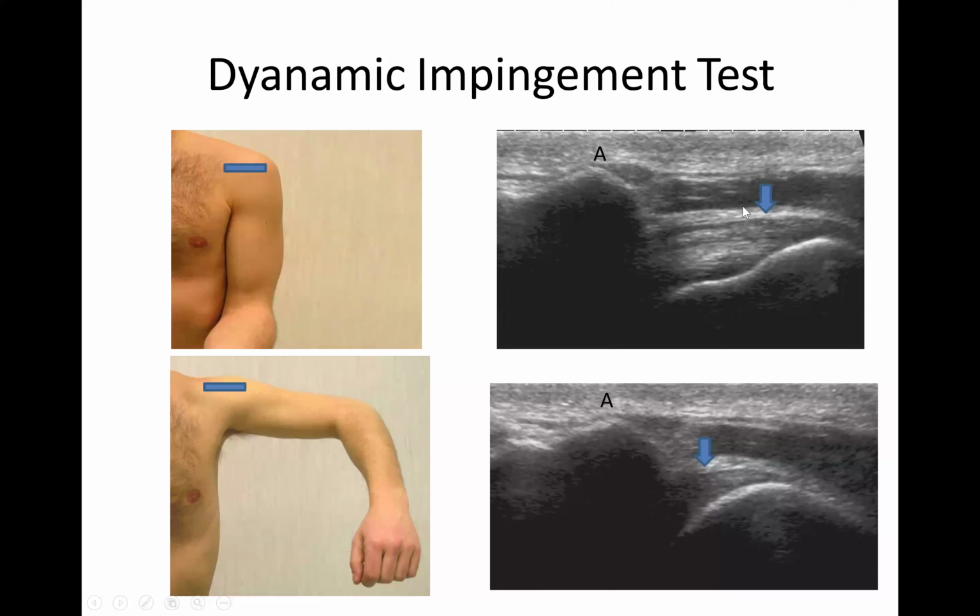This hyperechoic line is the fat tissue between the deltoid and the supraspinatus, in which lies the SASD bursa. In normal individuals, we are not able to appreciate the bursa, but whenever there is bursitis, you will be able to see the fluid within this collapsed bursa.